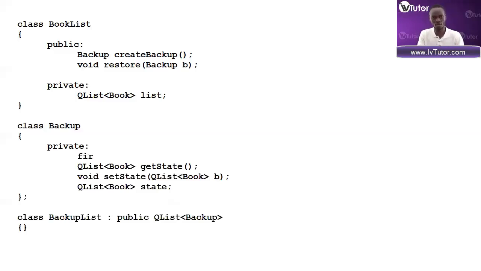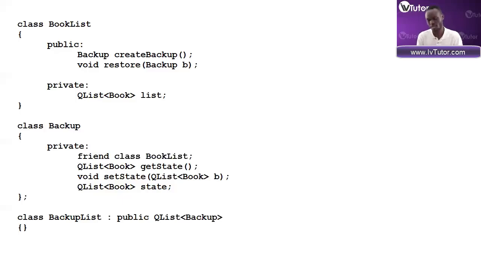So in other words, you say friend class book list. When you make a class a friend of another class, it has access to everything under private. So this way, your book list is able to access all these functions, even though they are private, but your backup list or any other class cannot. And when you have done it like this, you have fully applied the Memento Design Pattern.